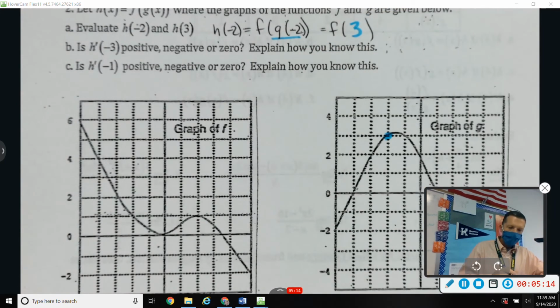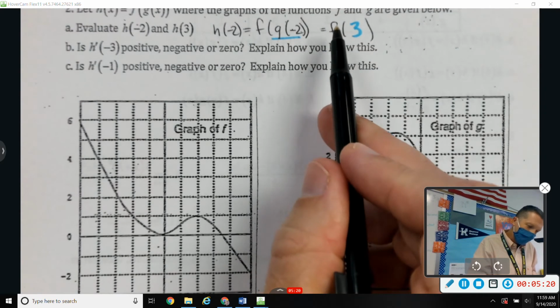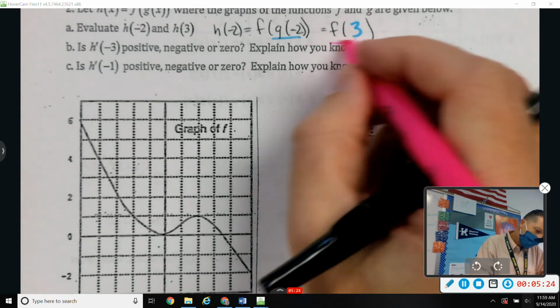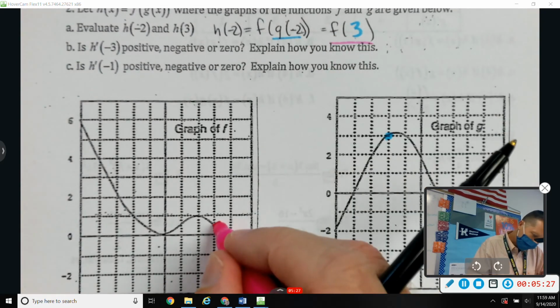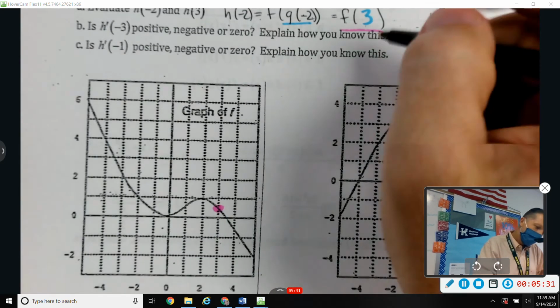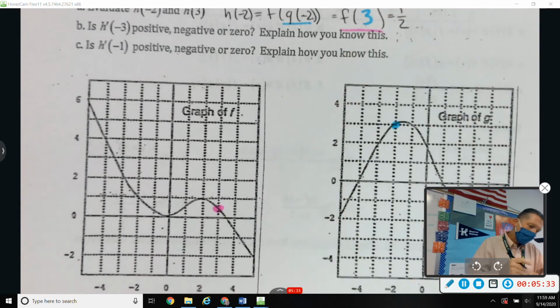So f of 3. The only trick here is make sure you look at the right graph. Like, just don't get turned around. So the graph of f at 3 is, oh, that's kind of a weird spot. I guess it's a half. We'll call it a half.